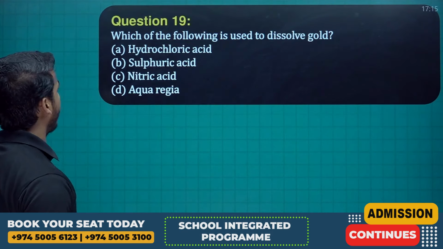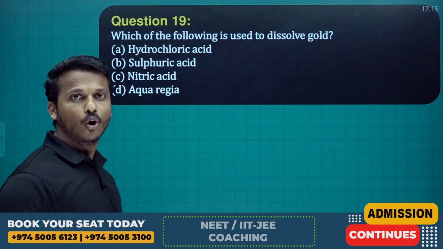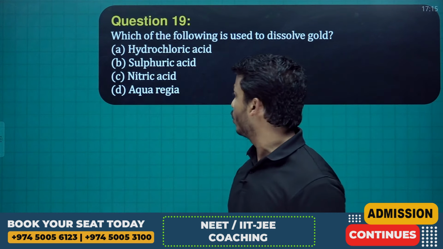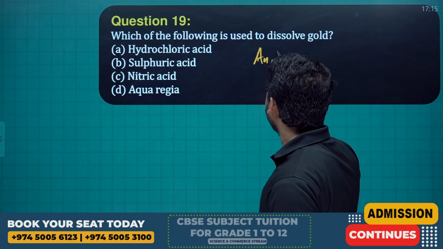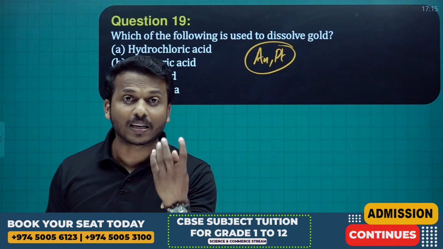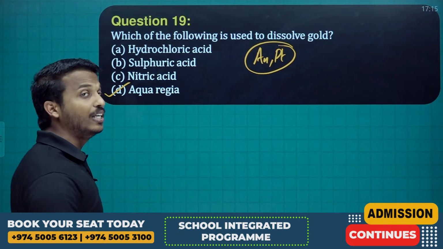So, which of the following is acidic? Let's go with option A. Which of the following is used to dissolve gold? It's a very simple and common question. Gold, Au, and platinum are very precious and costly metals. These metals can dissolve in a solution called aqua regia.